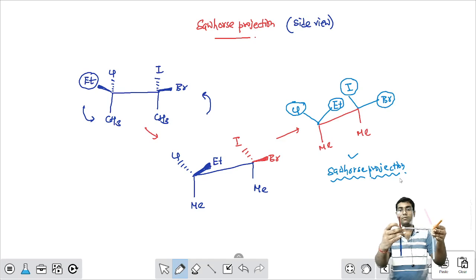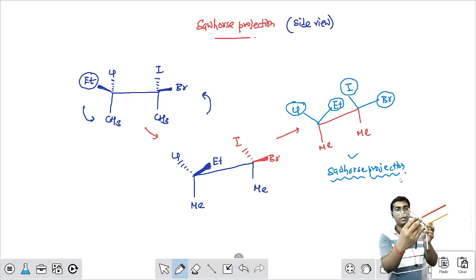Now you are seeing from this end. What you are seeing is that there are two Y groups, right? This is containing a Y and this is also containing a Y. So that is the sawhorse projection. If I try to move it around here, this was your above the plane and it is on the right hand side of you.